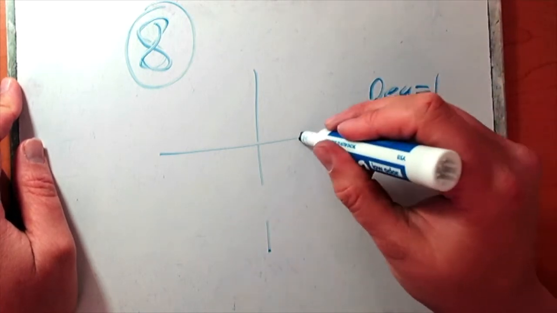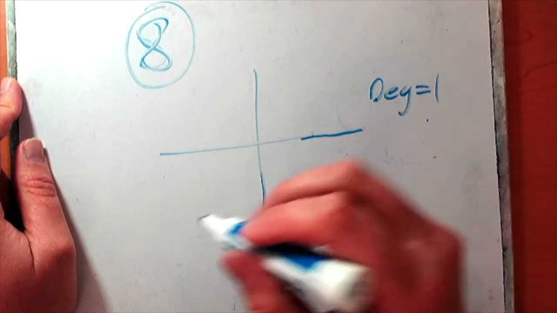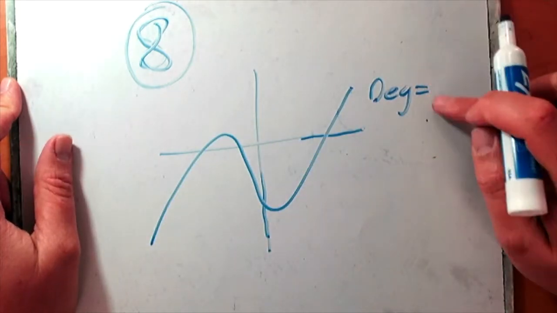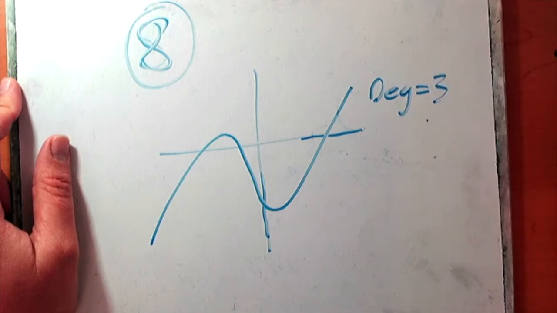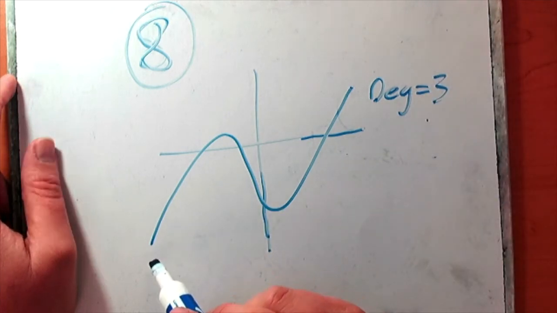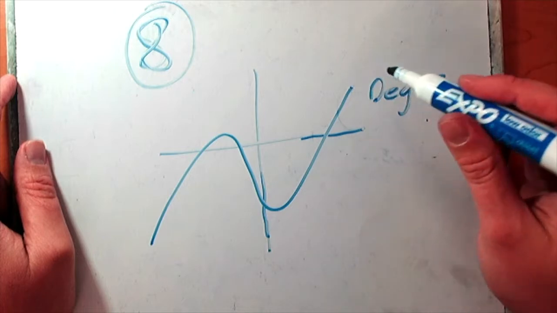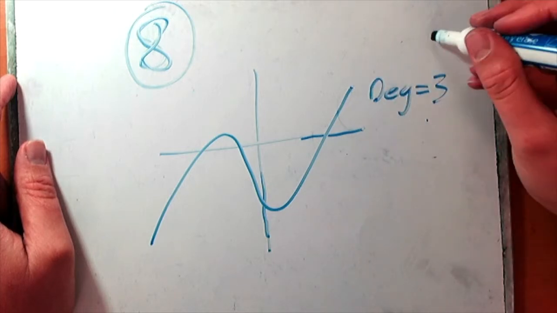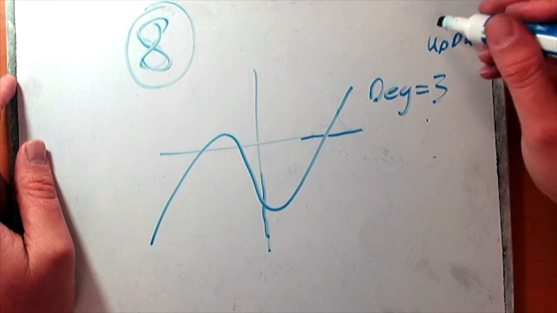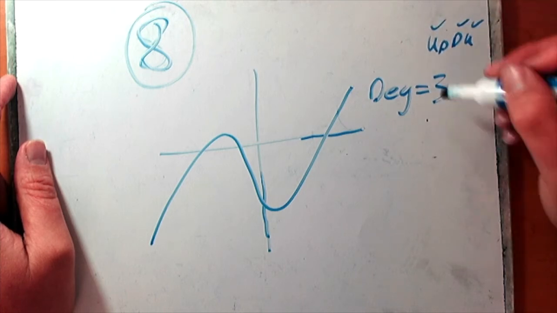If the graph goes like this, then this is degree 3. How did I do that? I basically said it goes up, then down, then up. If you count those, that's 1, 2, 3. It's that many degrees.